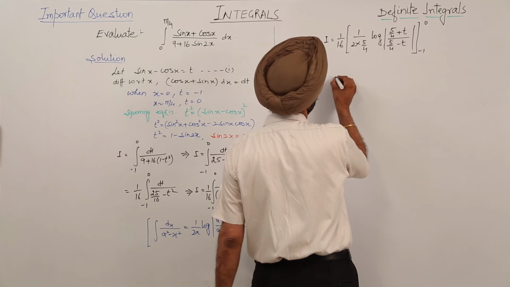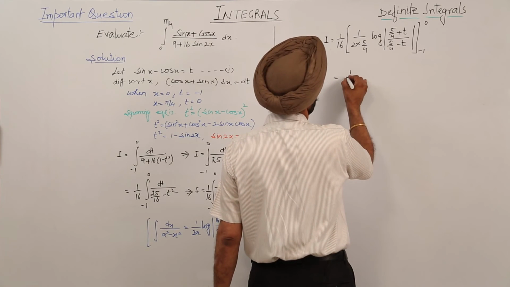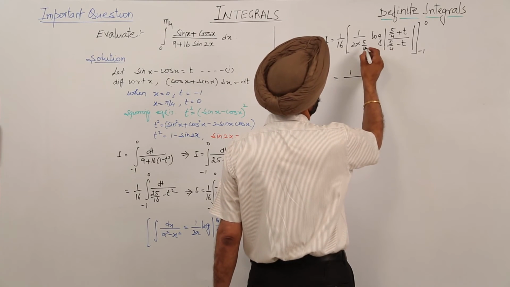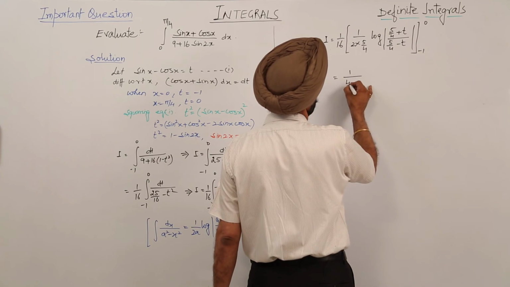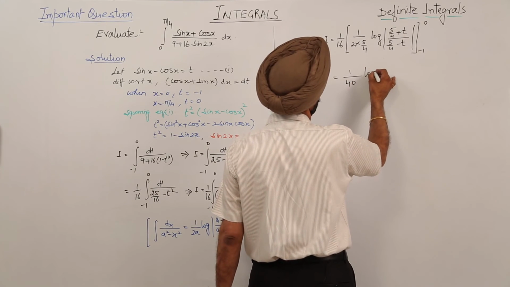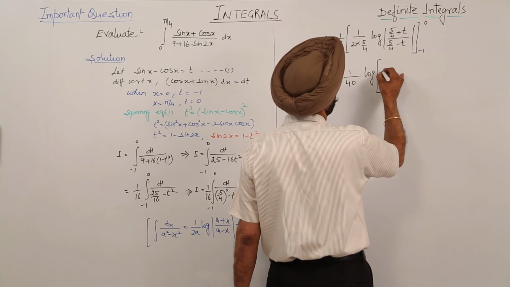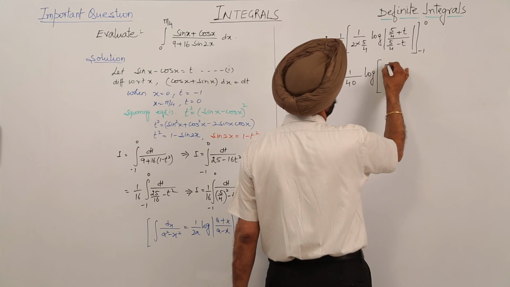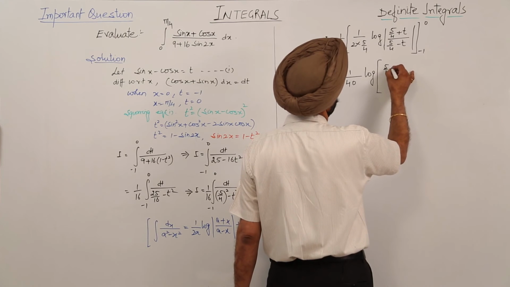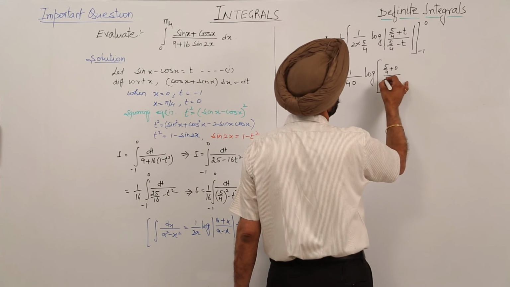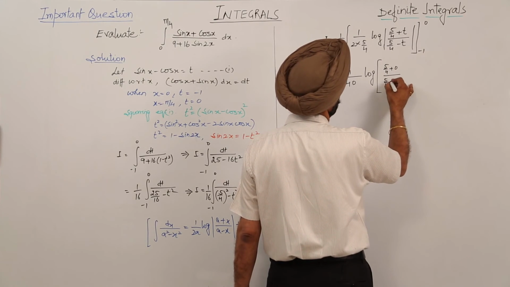Now this becomes 1 upon 40 log, now (5 by 4 plus 0) upon (5 by 4 minus 0).